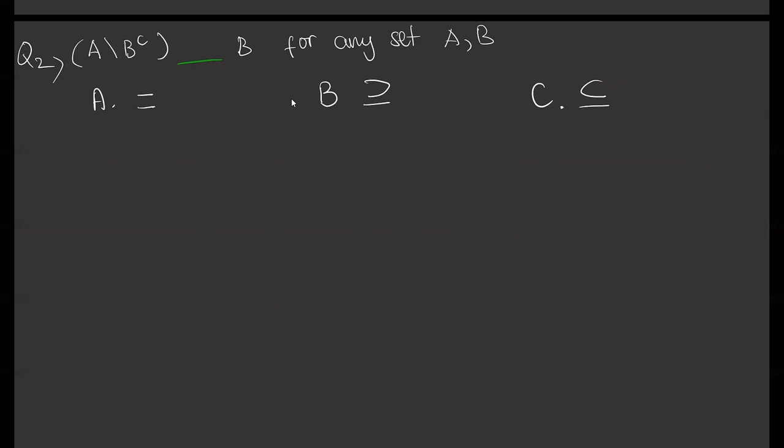It is not a proof, but it kind of gives you an idea which one is the correct option. Can anyone see the poll? Okay, good. Try to draw two sets A and B in a Venn diagram and see which part is this set and what is the relationship of it with this one.